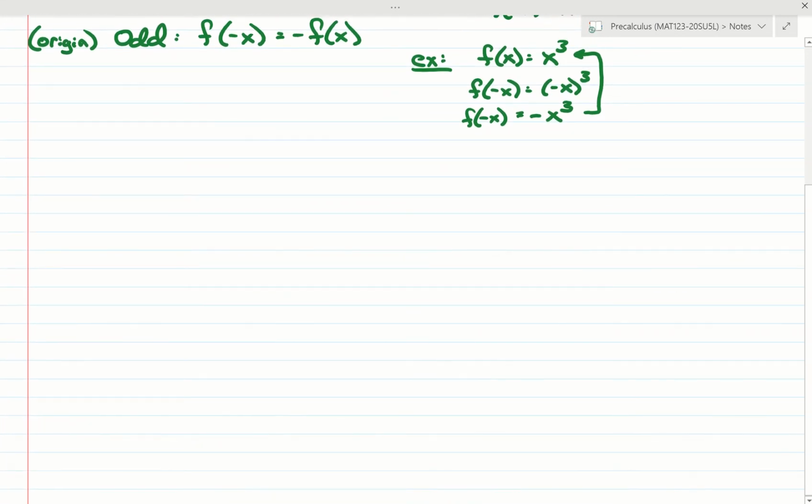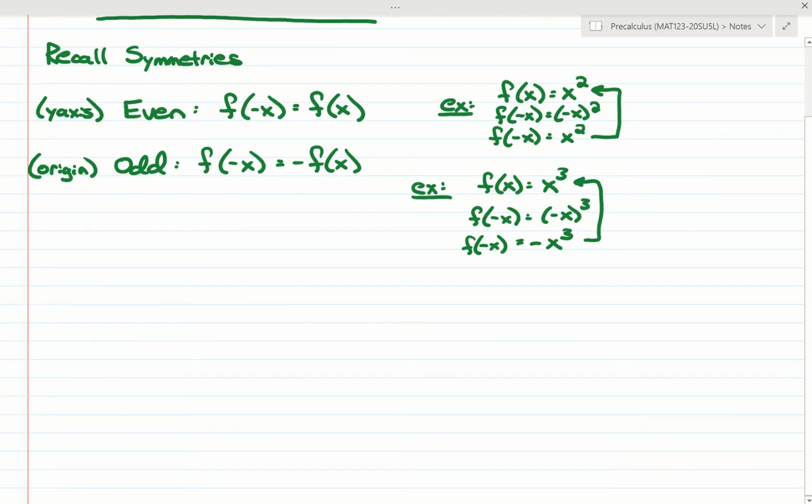So let's take those understandings and let's look at the graphs of our trig functions. Just looking at the graphs, just before we move on, you could see that they're symmetries, right? So x squared is clearly symmetric to the y-axis. X to the third is symmetric to the origin.